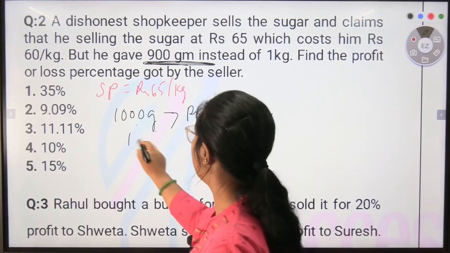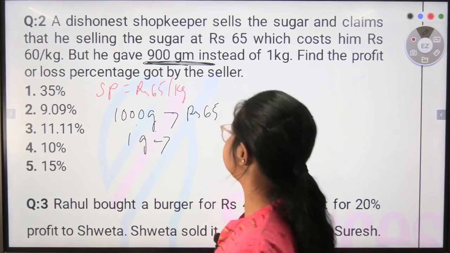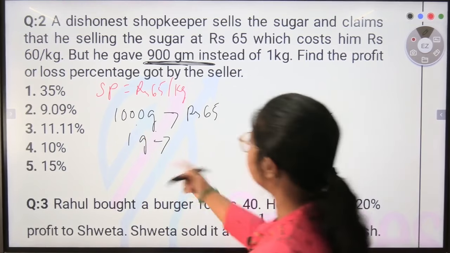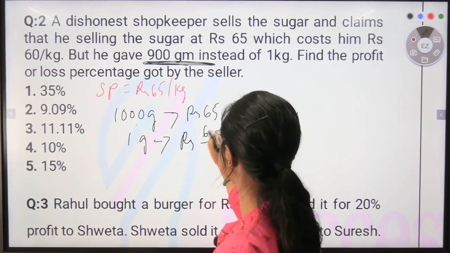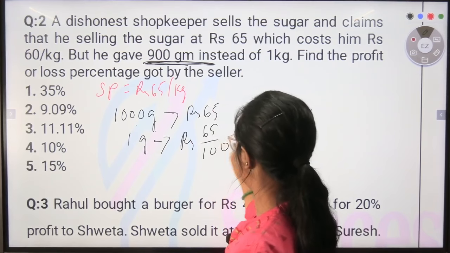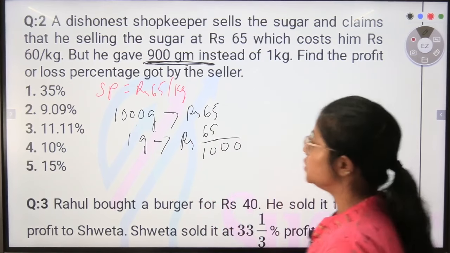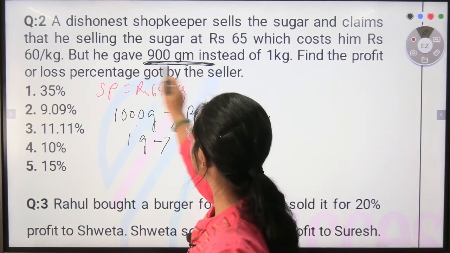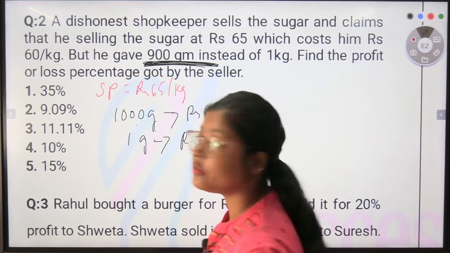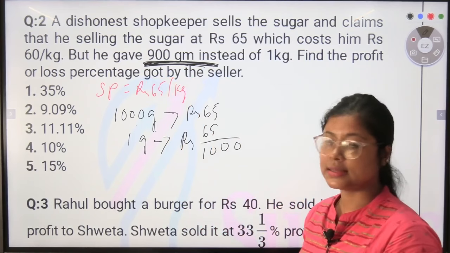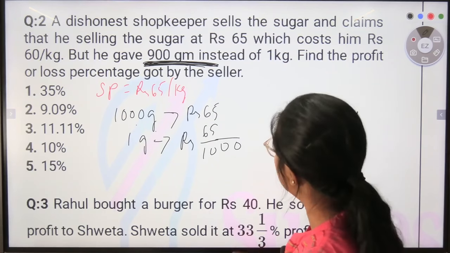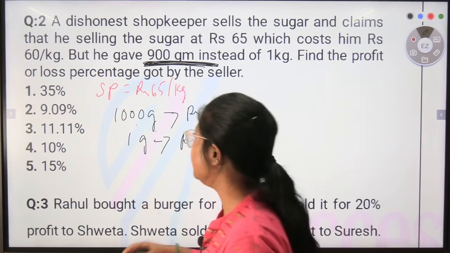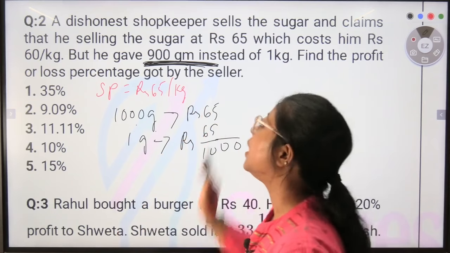So 1 gram of sugar is rupees 65 by 1000, by applying the unitary method, isn't it? Since you are actually providing him how much? 900 gram, not 1000 gram, isn't it? Because you are telling a lie that you are giving him 1000 gram, but actually you are giving him 900 grams.